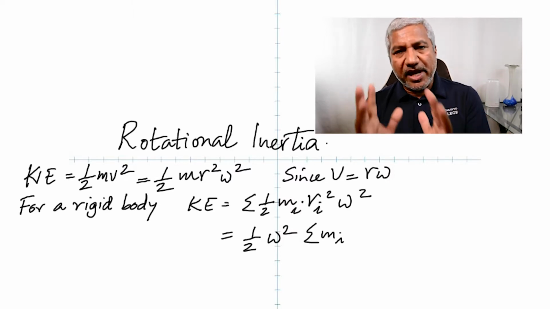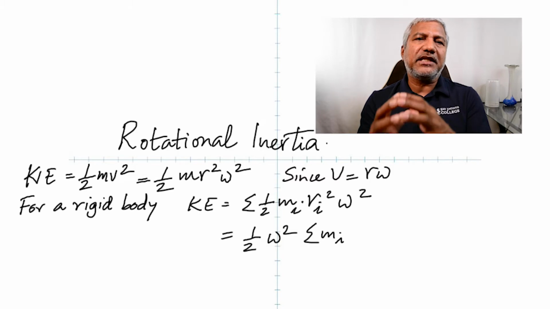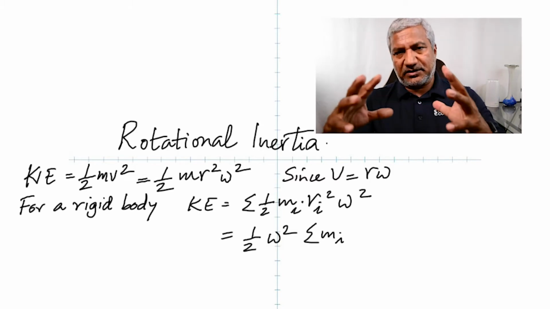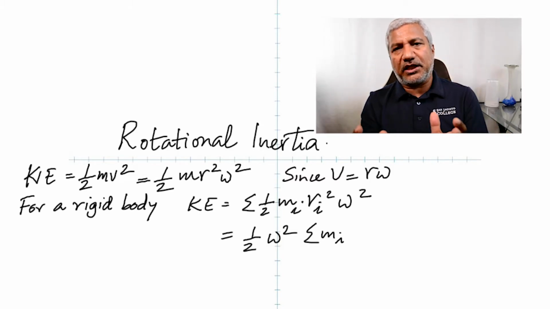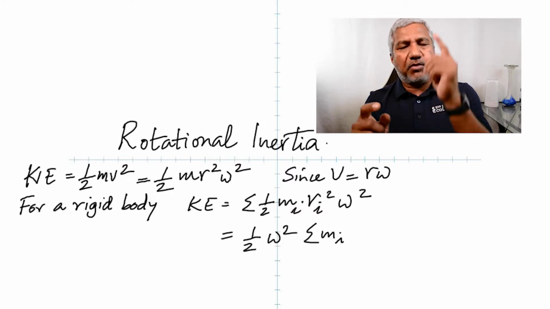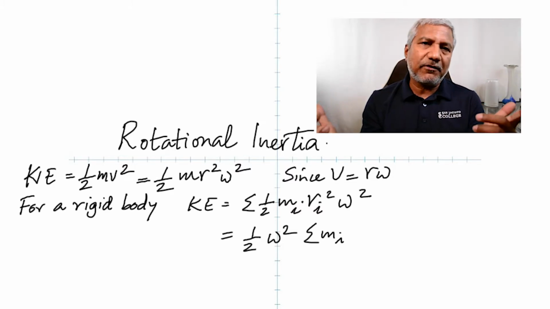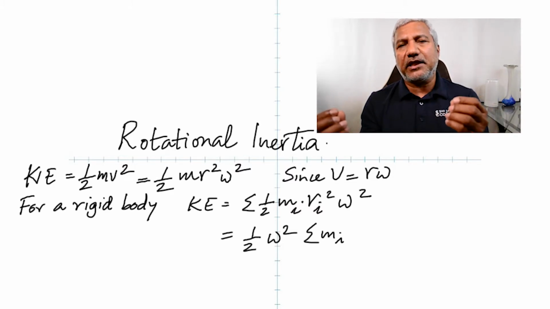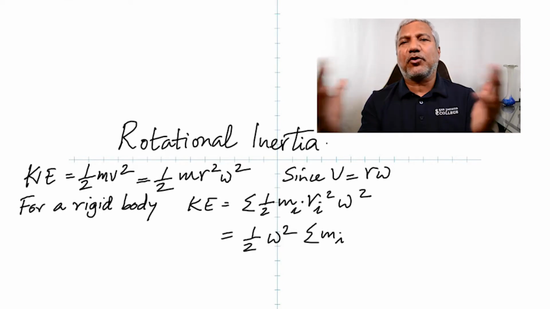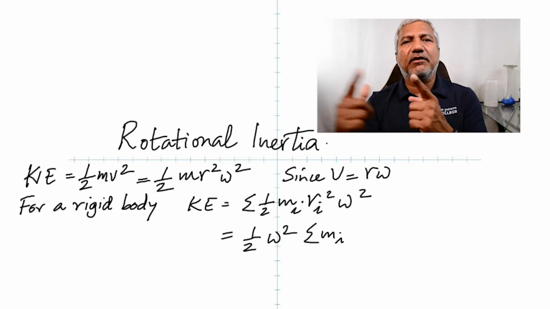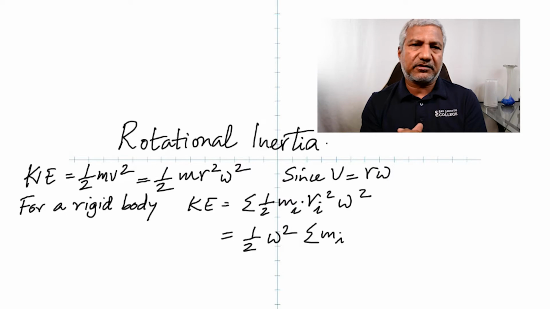And omega, the angular speed, is the same for all particles. So if you have a rigid object and it's spinning about an axis, any axis, the angular speed is going to be the same for all particles, and it's independent of the distance from the axis.